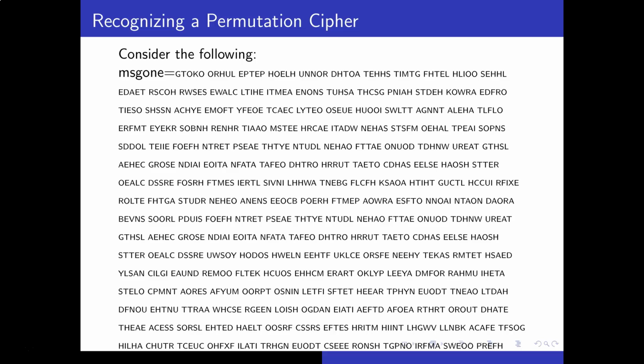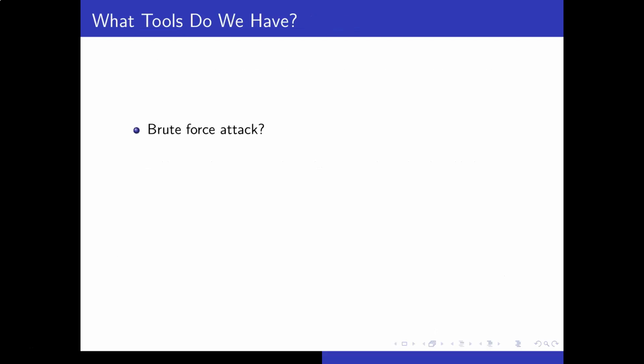All right, well, let's go back over the tools that we already have and see if any of those can be used. Okay, first option, brute force attack. We just start trying different permutations, slowly increasing the length to see if it eventually starts to unscramble. All right, no, that's not viable. As we've seen, the number of permutations grows as a factorial.